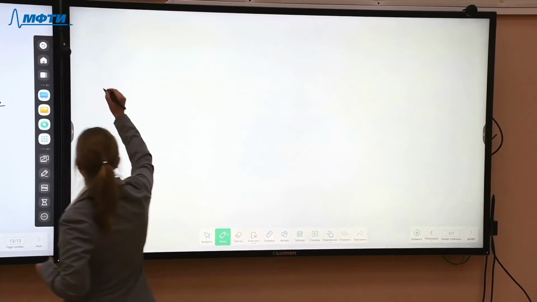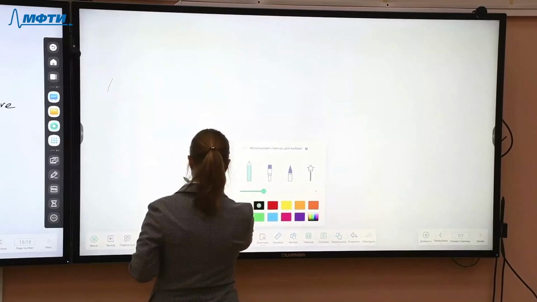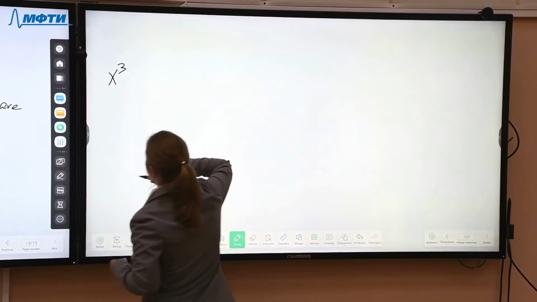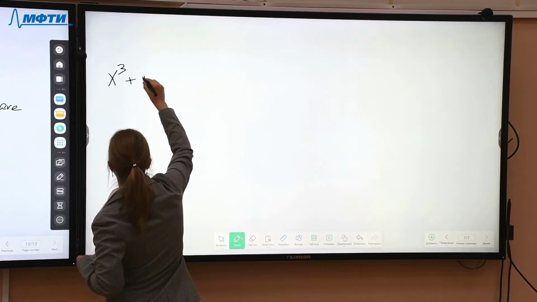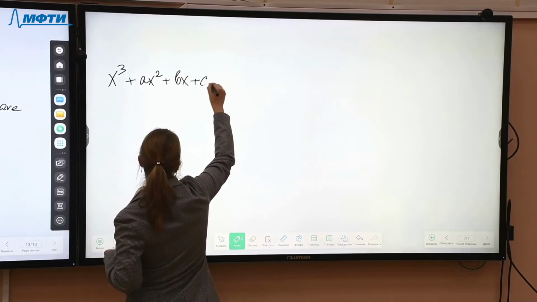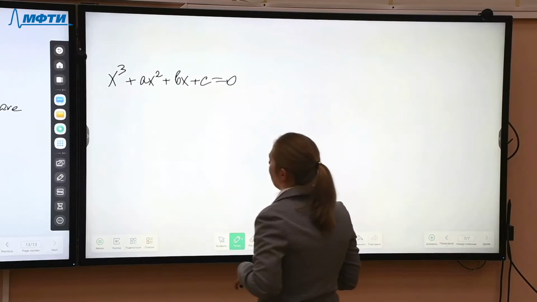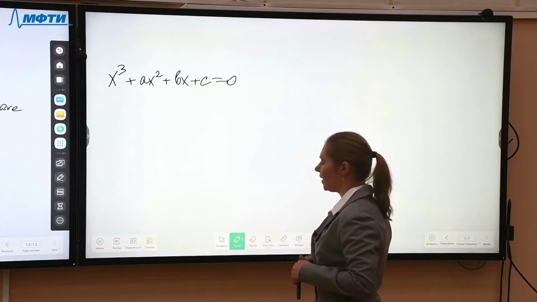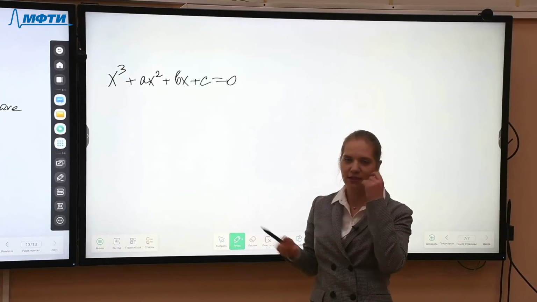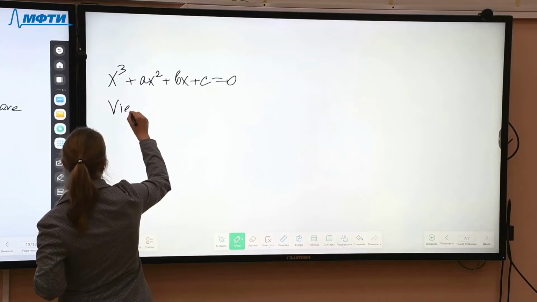So let's consider the equation x cubed, where the coefficient is 1, plus ax squared plus bx plus c, equals 0. If we have another equation where this coefficient is not 1, we can divide by this coefficient and we'll get the reduced equation.